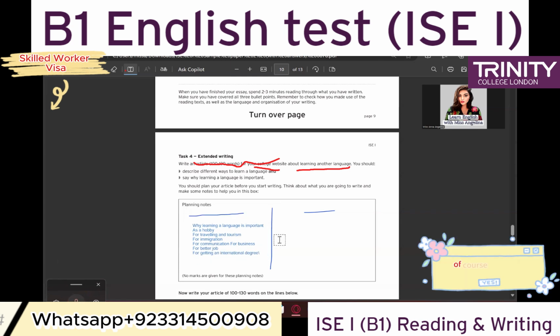And the rest, of course, you know better than me. You can think of more points. Before you start writing, prepare some points here.